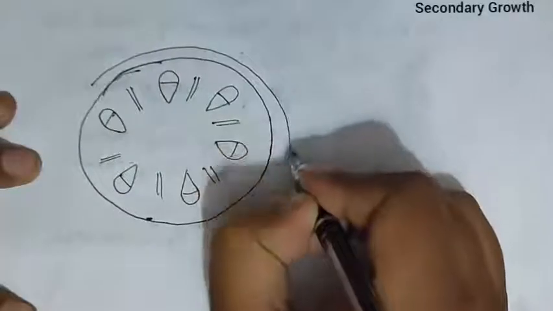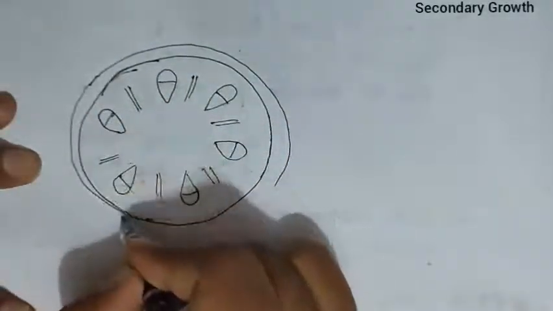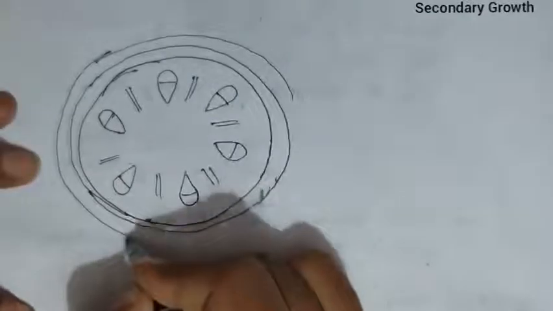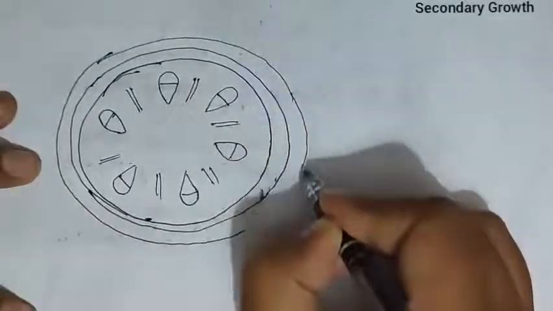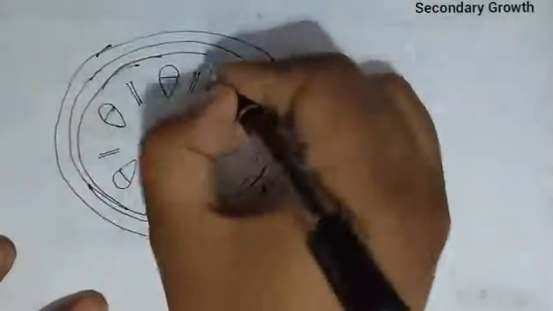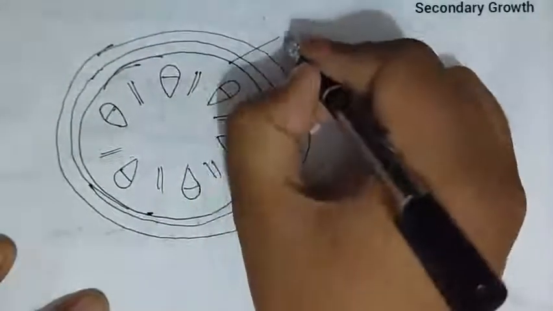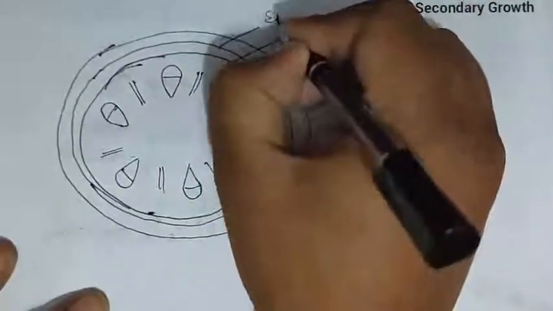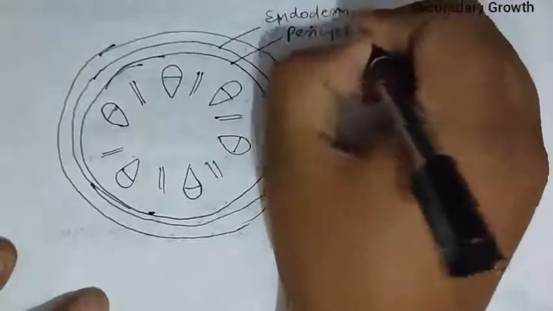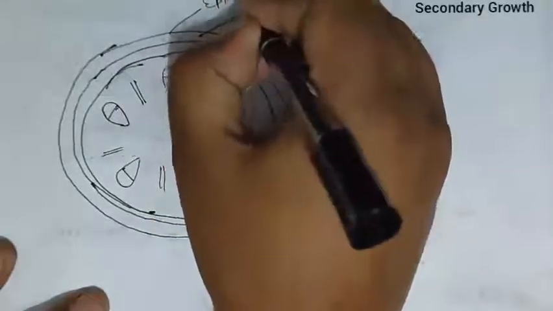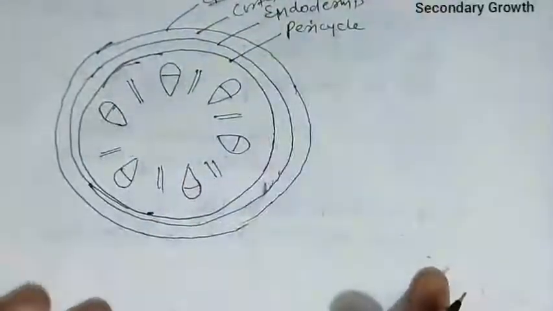Outer to that we have several layers of cortex. Suppose this is the pericycle, then endodermis, cortex and epidermis, and these are the vascular bundles.